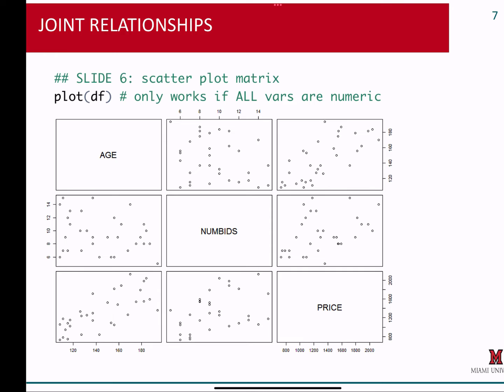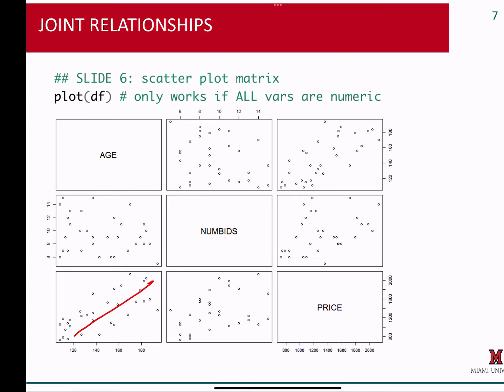Generally, the relationship between the predictors and the response, we want that relationship to be as strong as possible. In this particular graph, we can see that age and number of bidders, that relationship is sort of not so strong, but it represents a positive relationship.